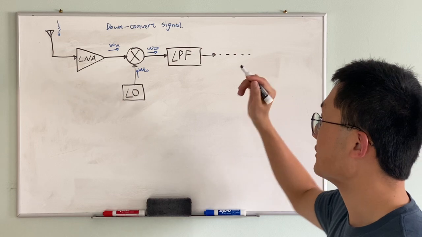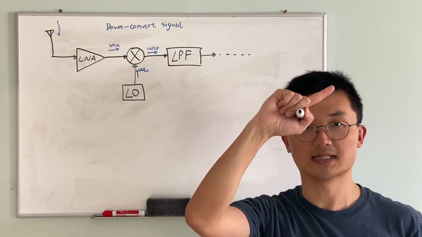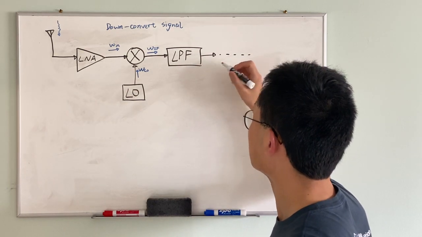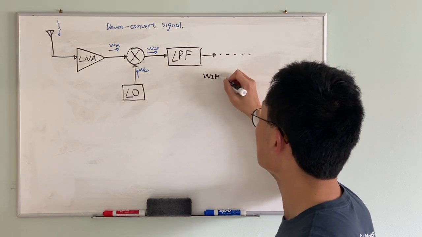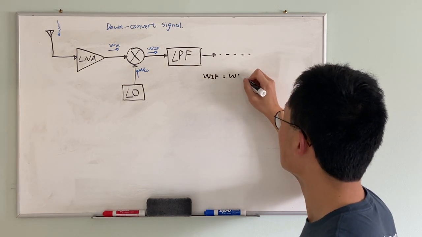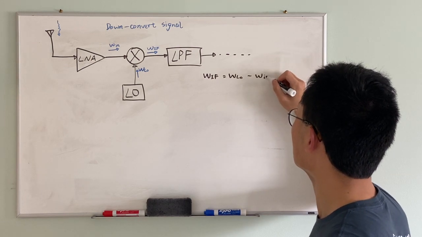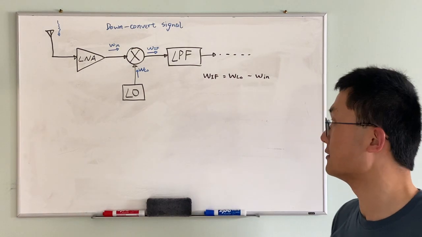As we've covered in my previous video, if you haven't checked it, please click on this link, the difference between the LO signal and the input signal is the IF signal.